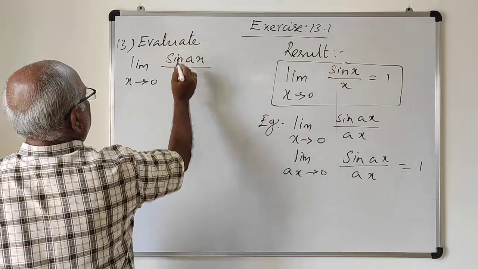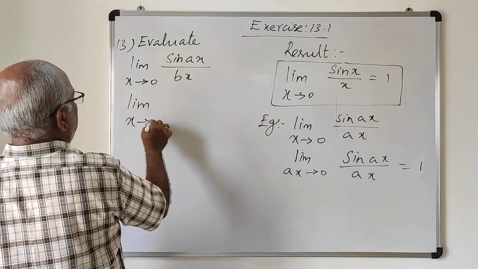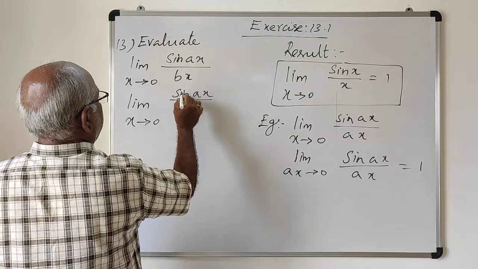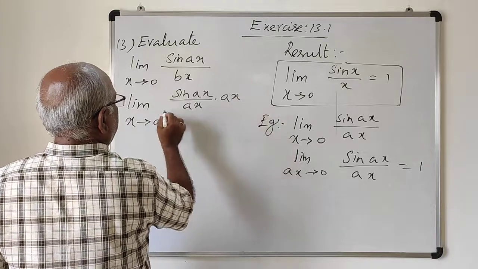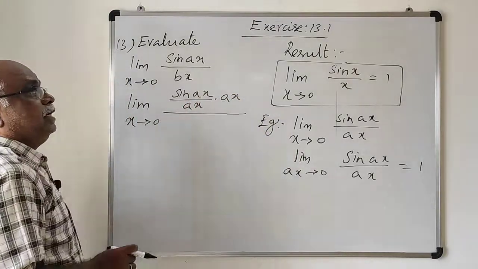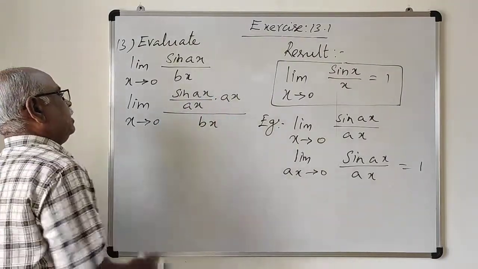To solve this problem, I want sin ax by ax, so to compensate, I multiply the numerator and denominator by ax. I get sin ax by ax into ax by bx.